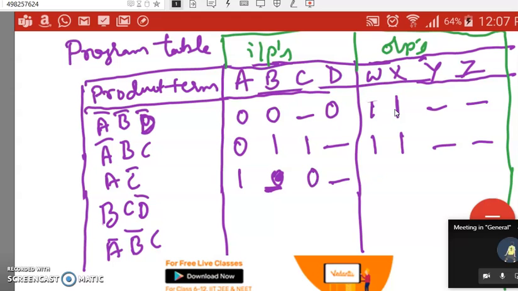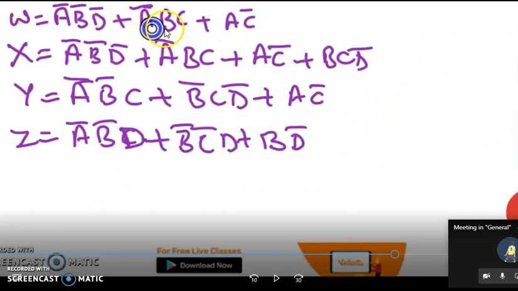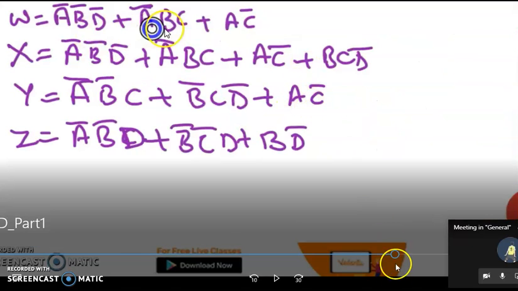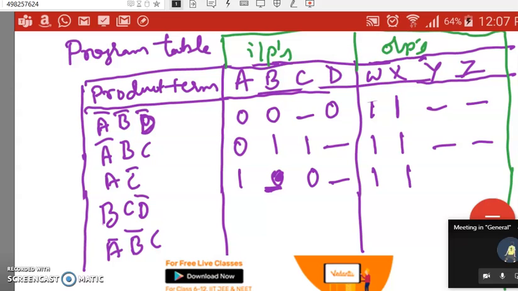It is there in W, it is there in X, and it is also there in Y. Is it Y or Z? Yeah, it's there in Y. So write down that it's there in Y, but it's not there in Z. Like this, you should write down this content.